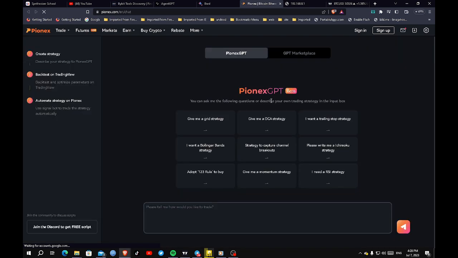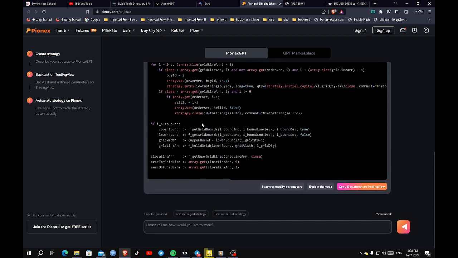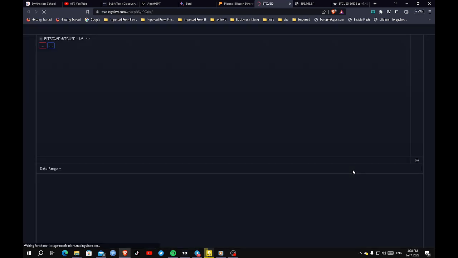Okay, let's see what Pionex might do with it. Okay, this is even simpler. You already have it as a preset. So I said give me a great trading strategy and it just spat out the code immediately.